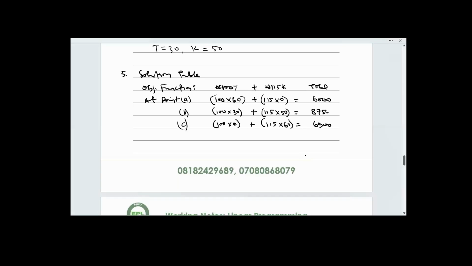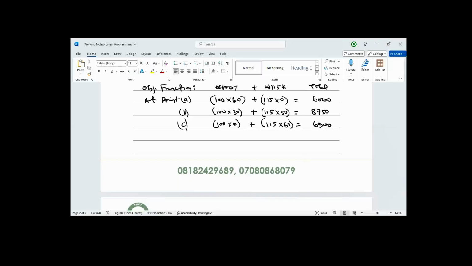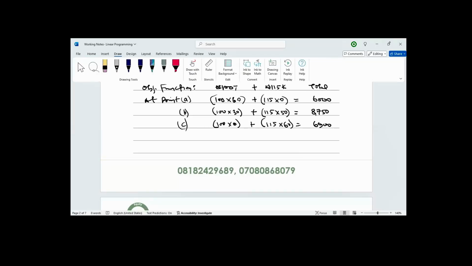After I've done the three, just remember, this is the solution table. This is how to construct your solution table. If you are maximizing contribution, you are expected to select the highest number. But if you are minimizing costs, you select the lowest number.